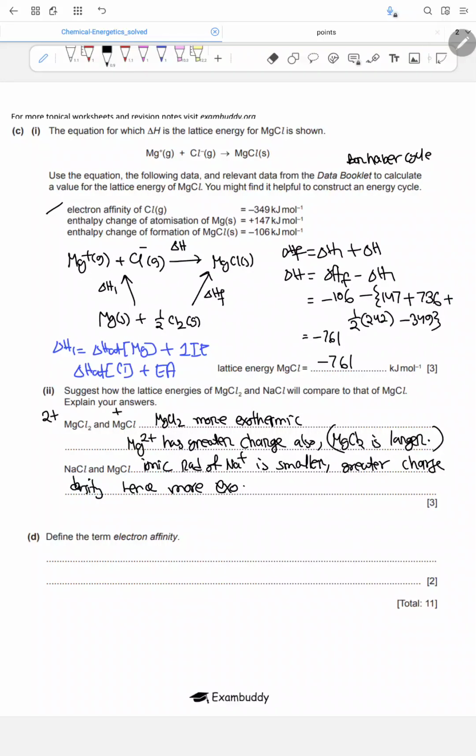Now, last question. Define the term electron affinity. Electron affinity, you just memorize the thing, right?